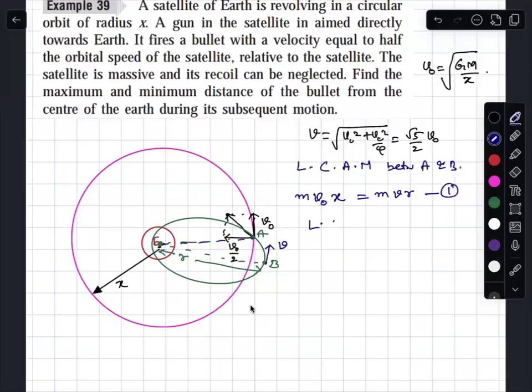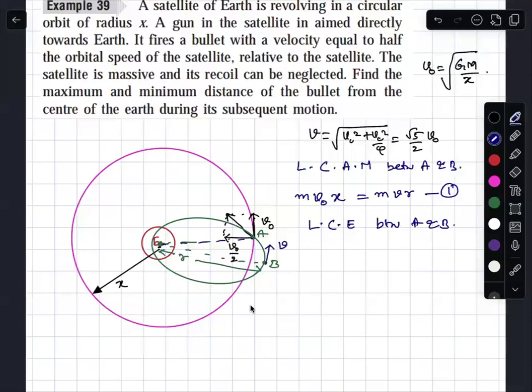Apply the law of conservation of energy between A and B. See, remember, a lot of people will have a confusion. Don't apply the law of conservation before firing, not during firing. You can apply the law of conservation of energy only after firing.